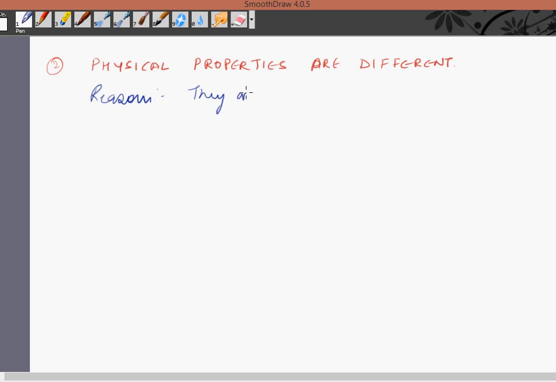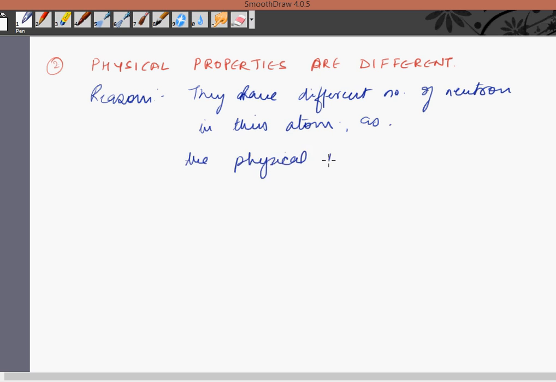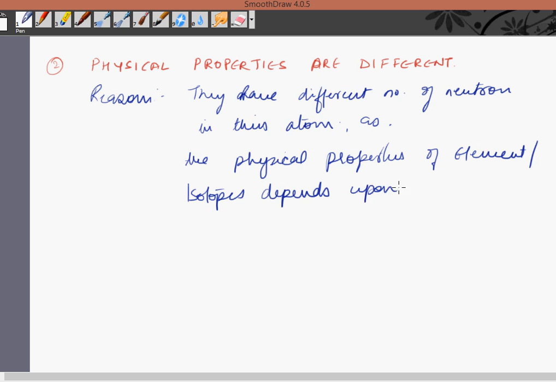They have different number of neutrons in their atom, as the physical property of element or isotopes depends upon the atomic mass, right?